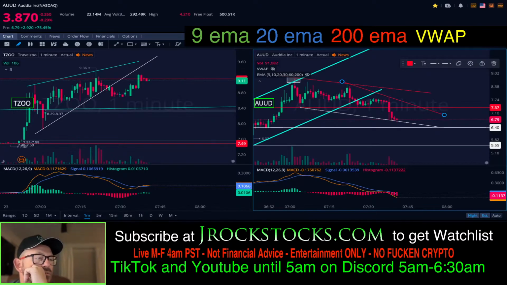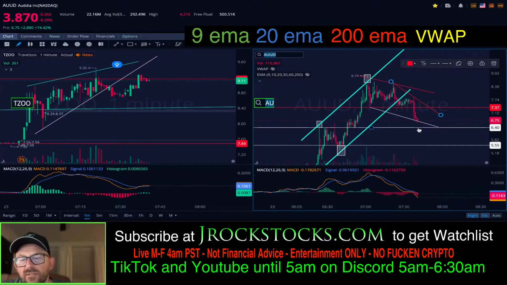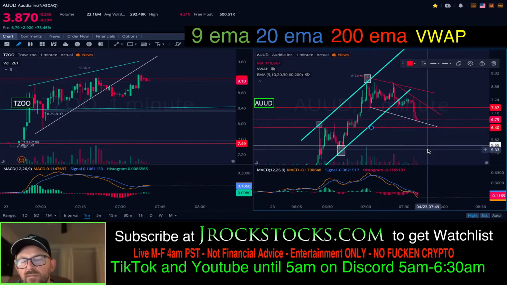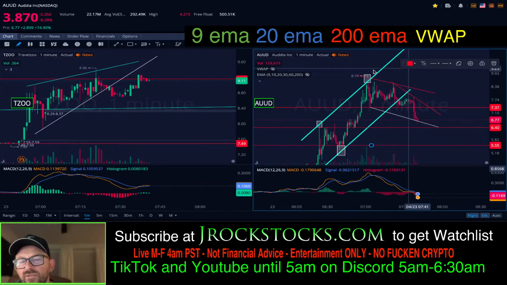All right, let's see what we got moving right now. I said ELAB, but I never looked. Look at this thing, huh? Man, it's breaking down. There's your next support right there. Breaks through that support, it's coming down to this one. These red lines, once the thing goes over them, they become support. Okay, but that's in my world because I'm bullish as fuck, so the only thing I talk about is stocks going up.